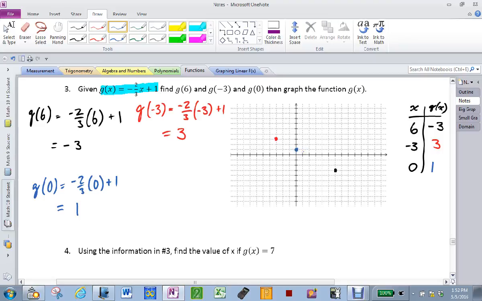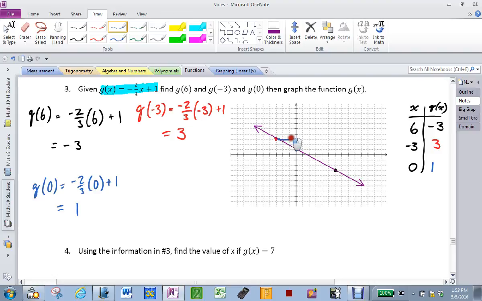What do I do with those 3 dots now? Connect them. Connect the dots. I've got pre-made arrows. Is that linear? Yes, because it makes a nice straight line. How do you know it's linear? Check.